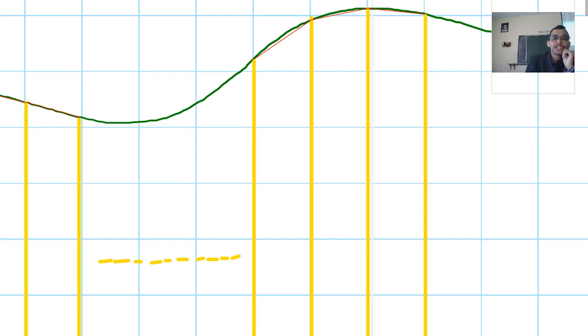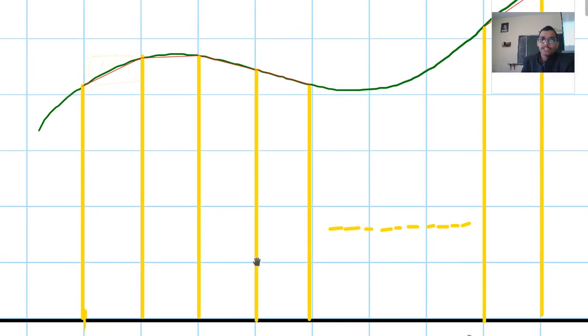In the rectangular method I have to use either this or this portion also.